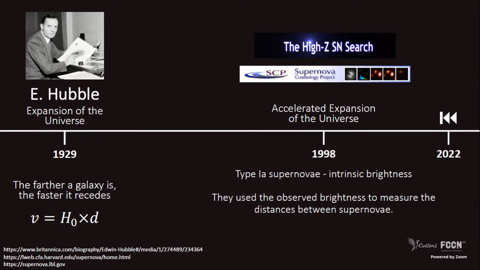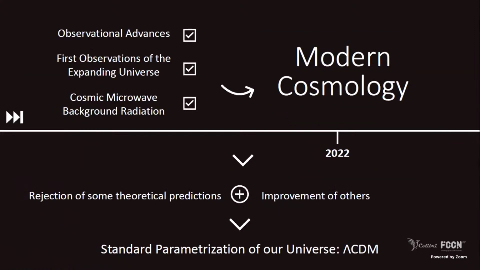So if we go back in our time machine and return to the present, we have observational advances, based on the first observations of the expanding universe and the cosmic microwave background radiation. So we can define a new era of cosmology, modern cosmology.